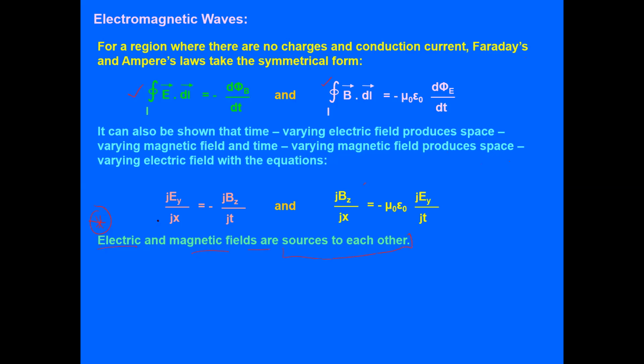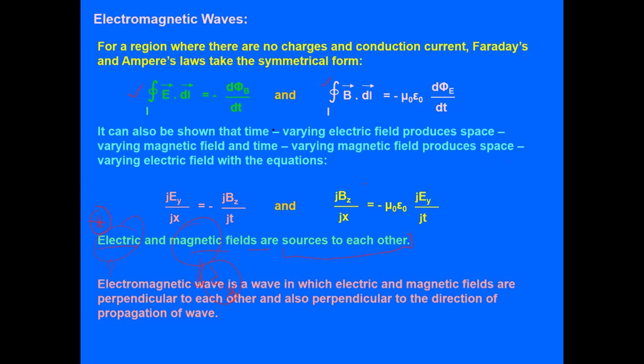That means if either an electric field or a magnetic field is time varying, depends on time, then the other field can be produced. That means a time varying magnetic field can produce the electric field, as well as the time varying electric field can produce the magnetic field.